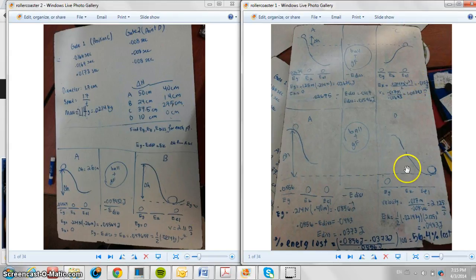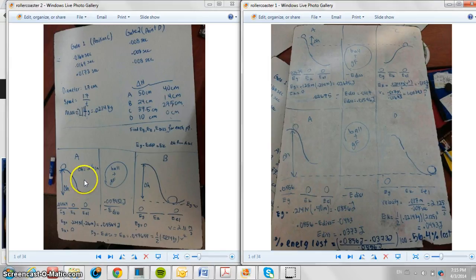And then we go to point D, or from A to D, now we have our initial gravitational potential energy, and we can use our full height, and we get this number.